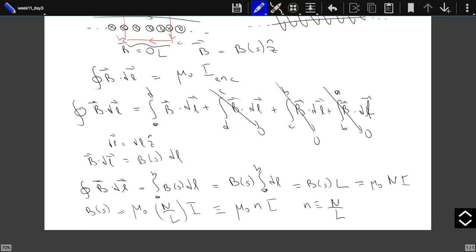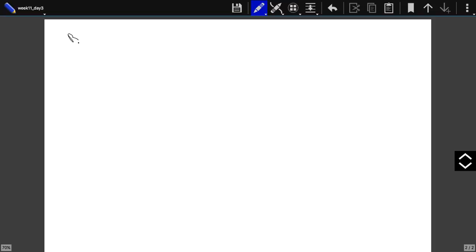Now, the next thing is, what about the vector potential? So now we know the magnetic field. The B field is in the z-hat direction. It is mu 0 times n times I if S is less than the radius of my cylinder, and it is 0 if S is larger than the radius of my cylinder.